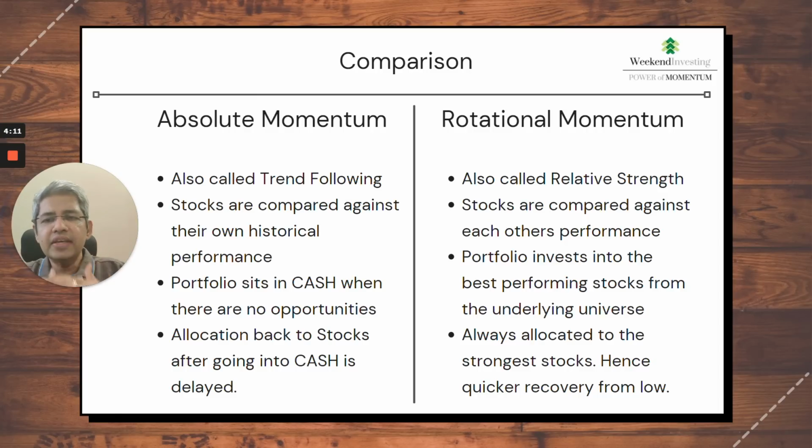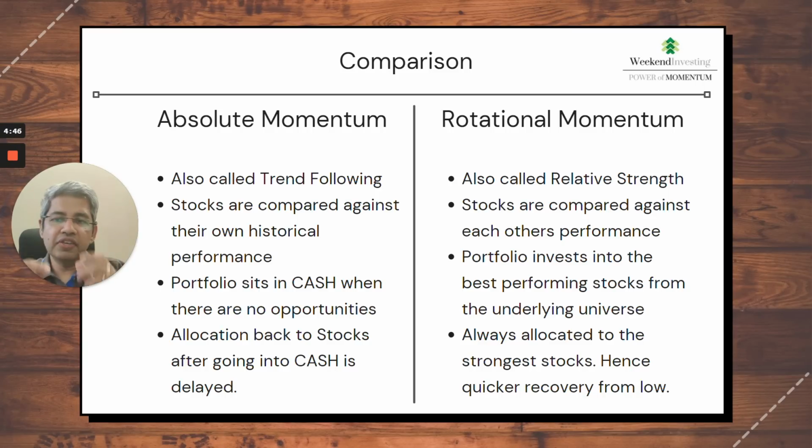In a way, absolute momentum is also called trend following. Let's say my pick was Adani Total Gas, and it is ranked the highest. A month later, when I'm rebalancing, I can either compare that ranking today with the rest of the stocks, or I can say whenever Adani Total Gas goes down by 20%, I would like to get out, or it goes down below a certain ATR, or below a certain moving average, or below a certain relative strength, I would like to get out.